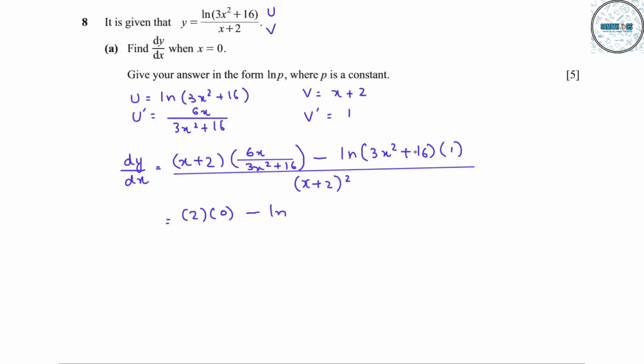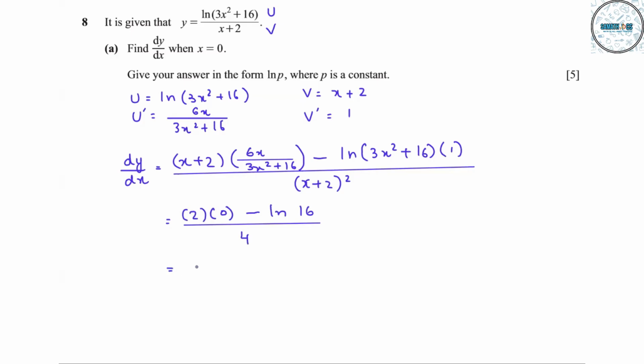So we will be left with ln 16 divided by, we will substitute 0 here. 0 plus 2 is 2 and 2 square is 4.